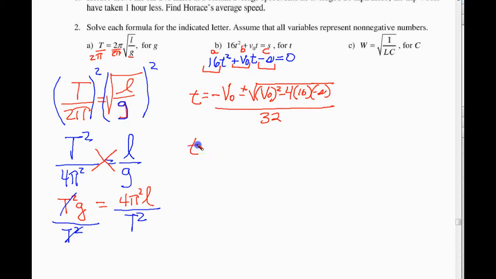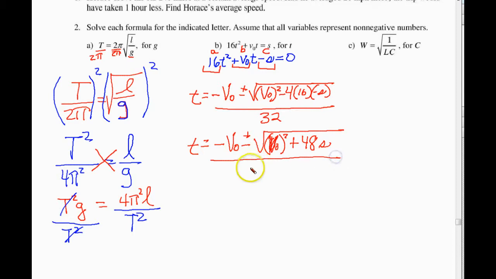So, cleaning this up just a little bit, we get negative initial velocity, plus or minus the square root of this in parentheses, and then this is going to be a positive 48s, all over 32. Wow. And I made a nicer initial velocity symbol there.